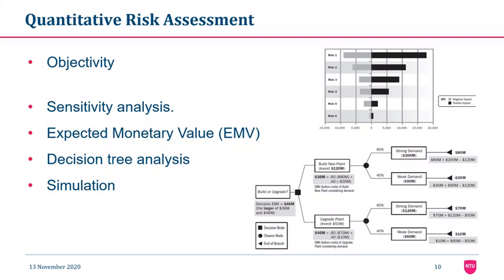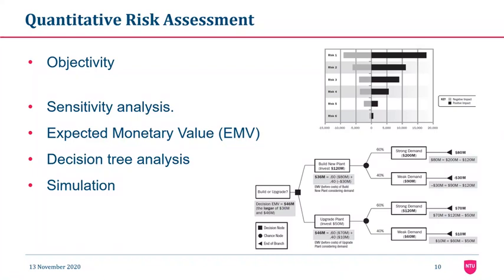SA is a modeling technique used to help determine which risks have the most potential impact on the project. It helps us to understand how changes in a specific variable impact the output of the model. So the typical display of results is in the form of a tornado diagram, as you can see in the top figure in the slide.